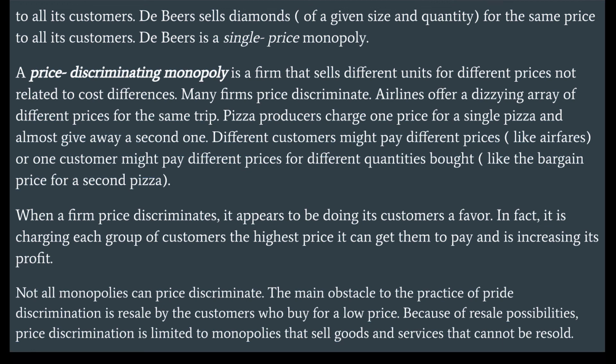When a firm price discriminates, it appears to be doing its customers a favor. In fact, it is charging each group of customers the highest price it can get them to pay and is increasing its profit. Not all monopolies can price discriminate. The main obstacle to the practice of price discrimination is resale by the customers who buy for a low price. Because of resale possibilities, price discrimination is limited to monopolies that sell goods and services that cannot be resold.